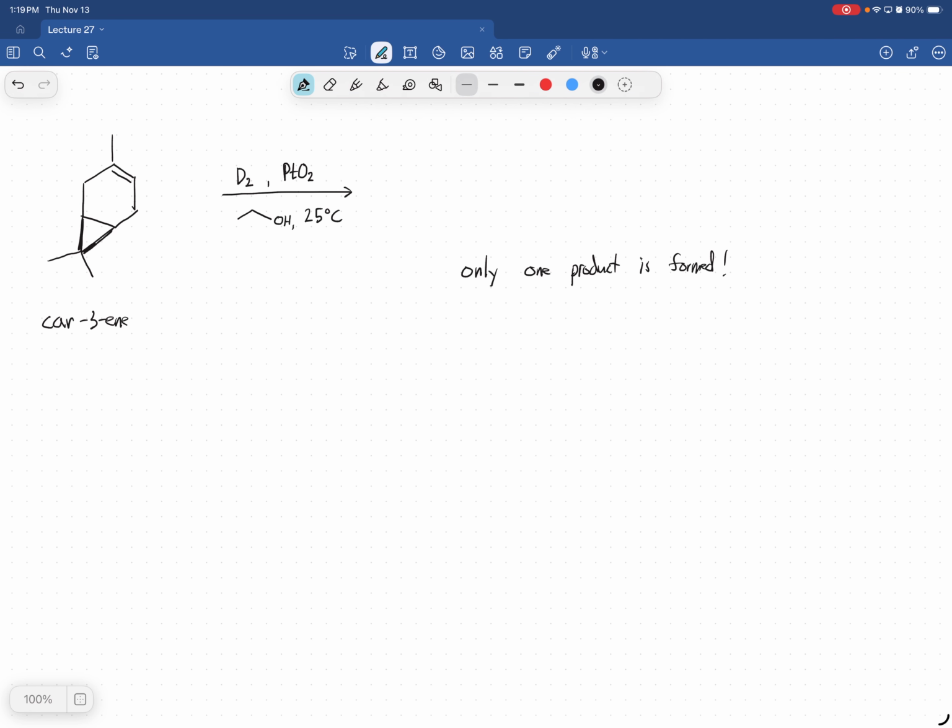Once the hydrogen goes into the top face, think of how this group here is going to influence the product.